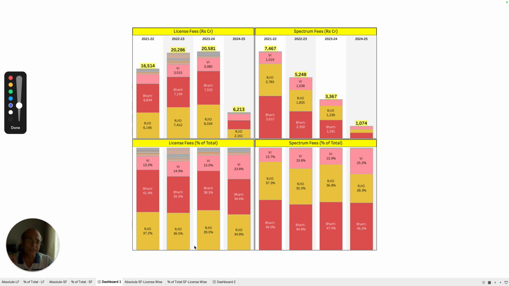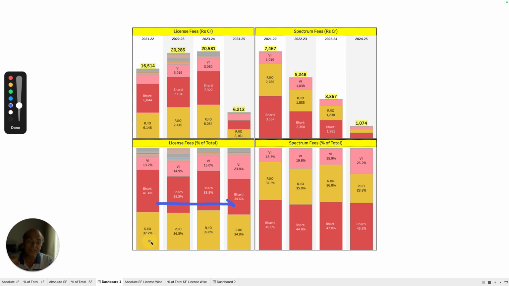The other important thing that you might have seen is that Bharti's license fee collection was the highest in FY 21-22. You see, 41.4%. Reliance Jio was 37.2% and Vodafone Idea was 13.2%. And then slowly what happened? Bharti's license fee collections went down.